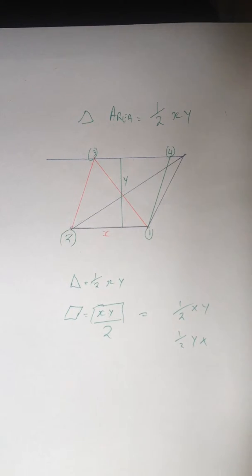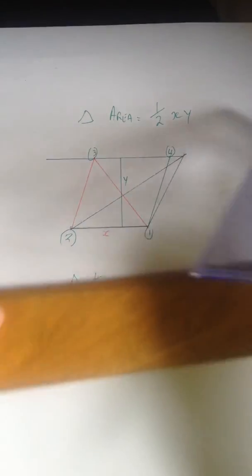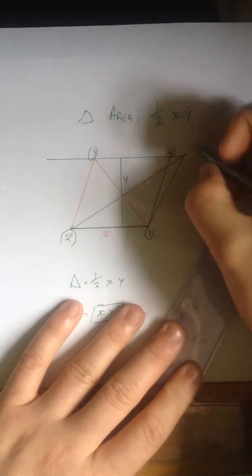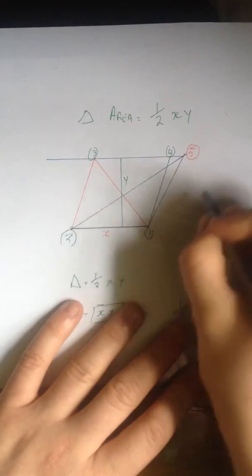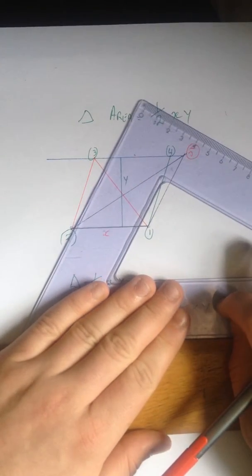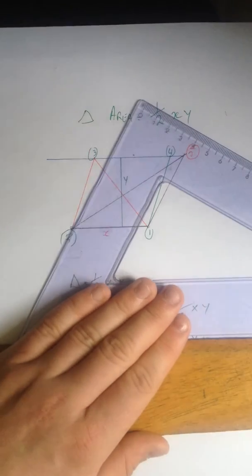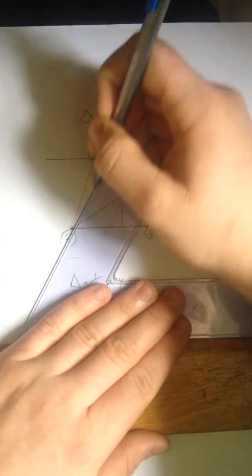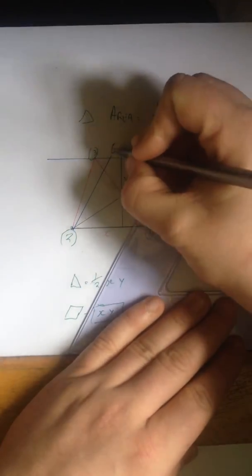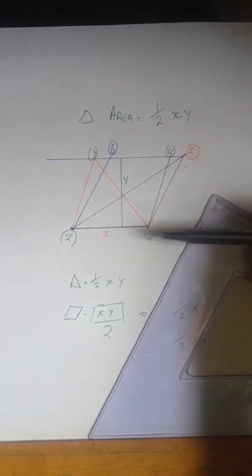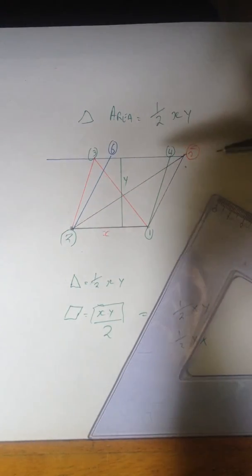So the formula we're trying to prove is that if two triangles have the same base and a common perpendicular height, then they'll have the same area. So if we go back to our first triangle, which we'll call 1, 5, 2, and we create a parallelogram for this, the parallelogram here is 1, 2, 5, 6.